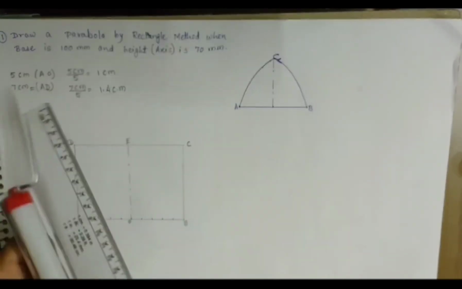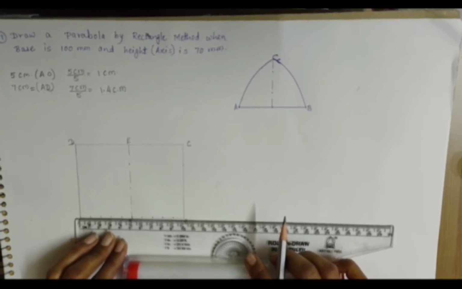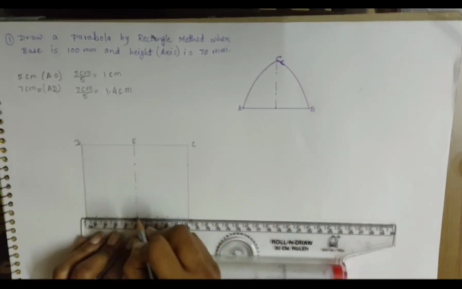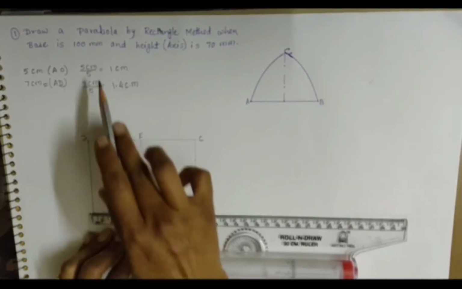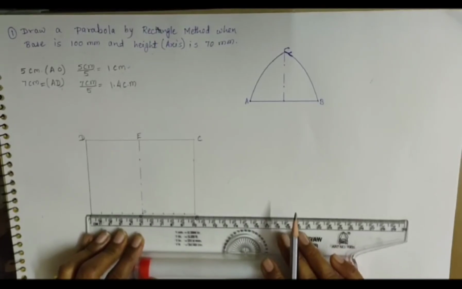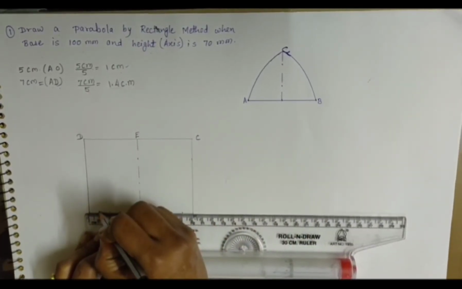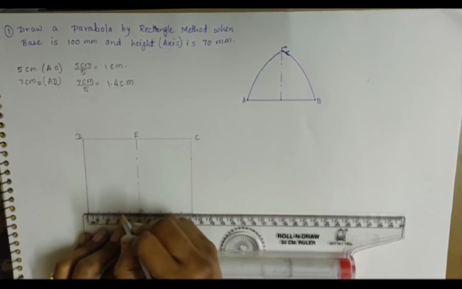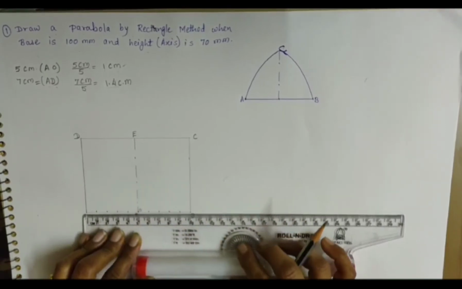Now we will do the same thing. This is the AO line and we will divide it into 5 equal parts and each part will be of 1 centimeter. So we will divide this AO line in 1, 2, 3, 4, 5 centimeter.